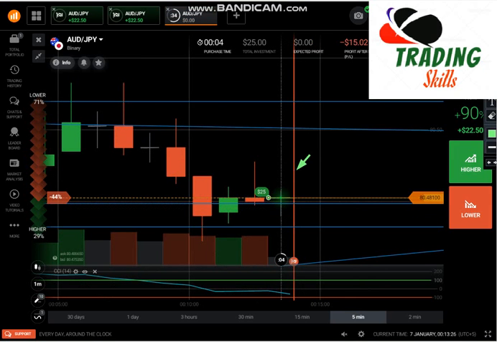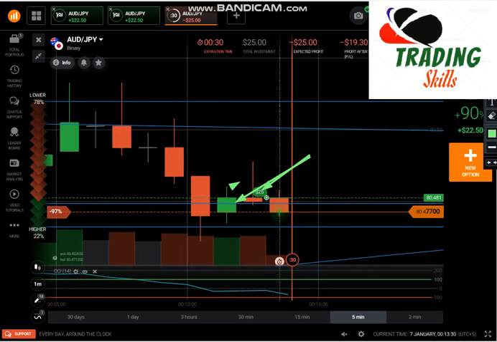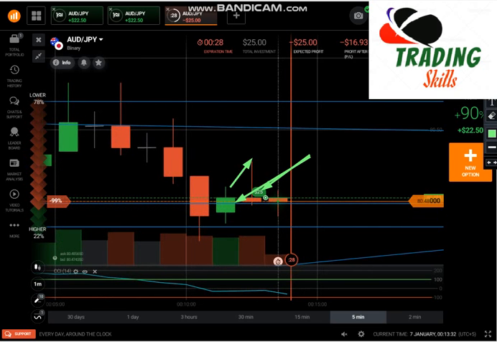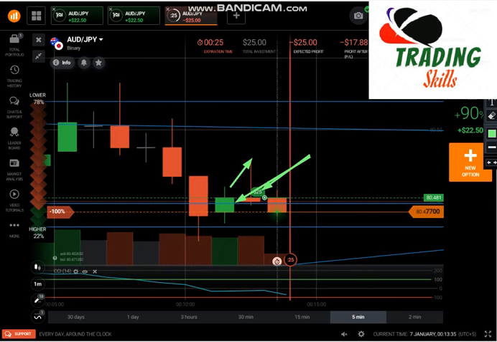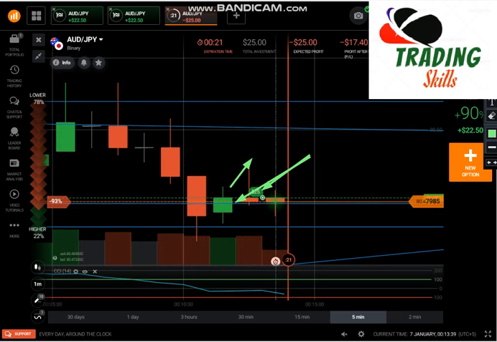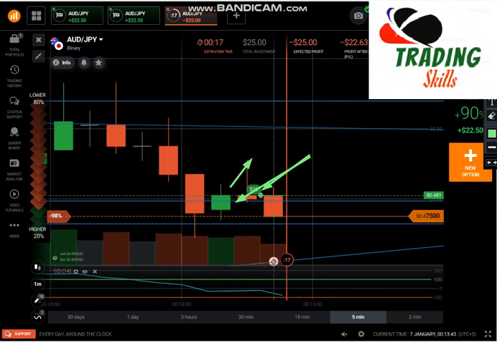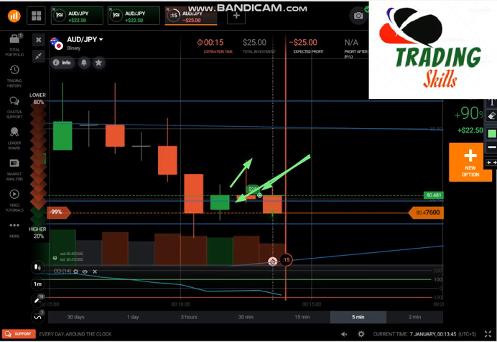If you compare this candle with this one, this is a weak candle, so the sellers shifted their area here. So here we will win this trade also. This will be my last trade, and I will discontinue this session after this trade. Let's hope for the best.